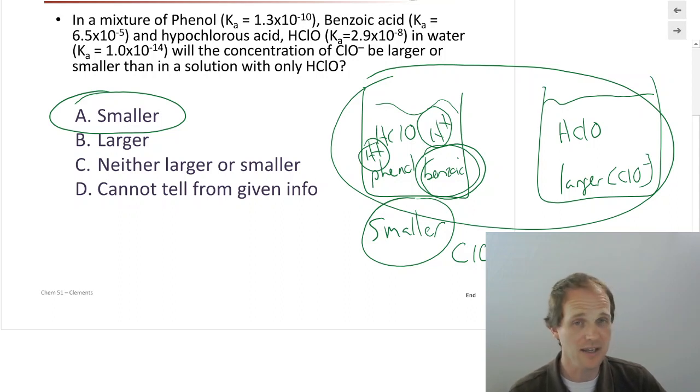You could absolutely do the calculations to prove that to yourself. Just pick equal concentrations of 0.1 molar for all of them and do the calculation, and you'll find that's true. Or you can just think about it: Le Chatelier's principle says when I've got H plus here, it's going to shift my equilibrium back to the left. I'm not going to make as much ClO minus.